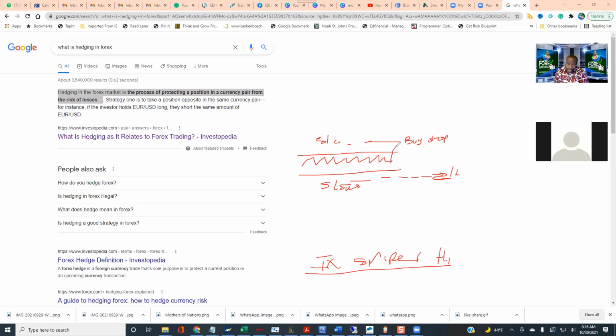So let's say the market now breaks out upward. Your buy stop triggers, then you quickly close the short position. If the market triggers your sell stop, then you close your buy stop. That is another way of hedging the market, because you are not sure which direction the market is going to go, but immediately there's a breakout, it can give you that insight of what to do.